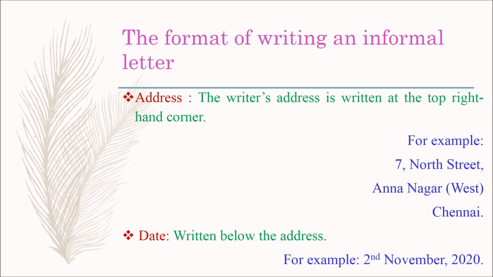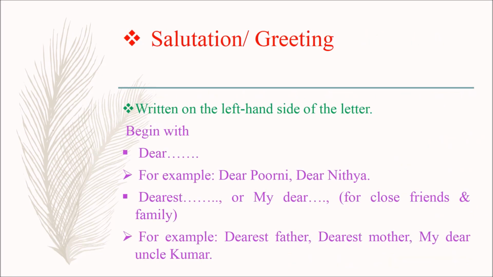Date is written below the address. For example, 2nd November 2020. Next, we have salutation or greeting. Written on the left hand side of the letter, begin with dear. For example, dear Purni, dear Nitya.